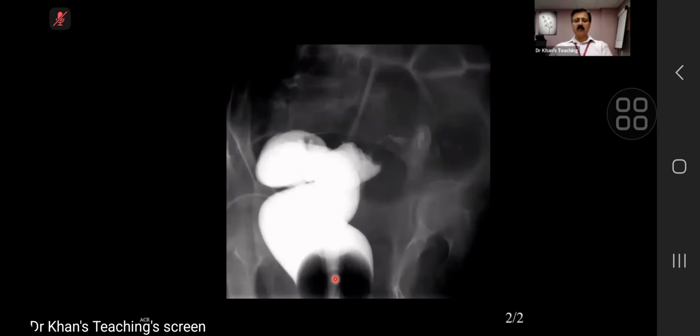So in this case, we did a gastrografin study. And what is your finding? So there's contrast opacification within a loop of bowel, which looks like the cecum.